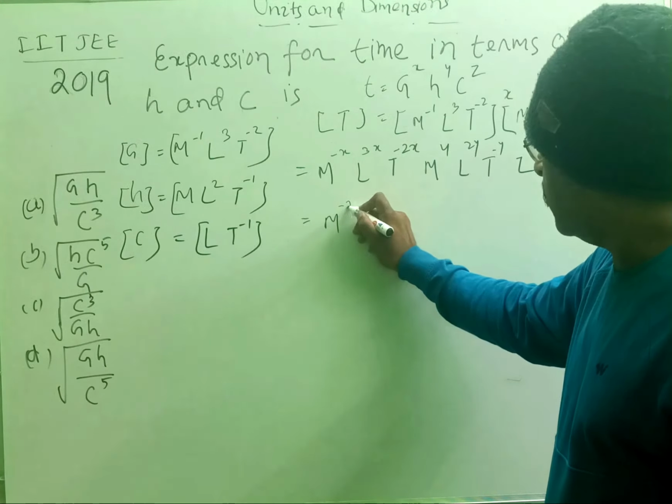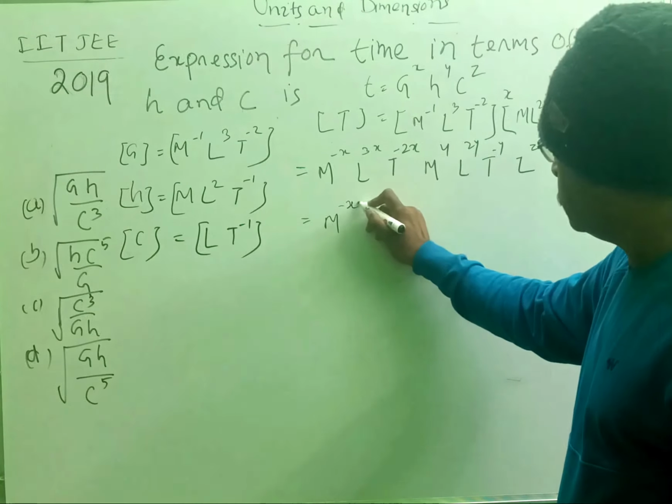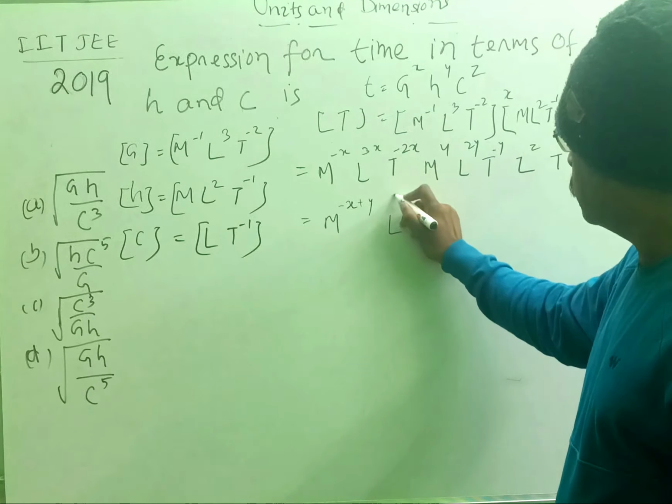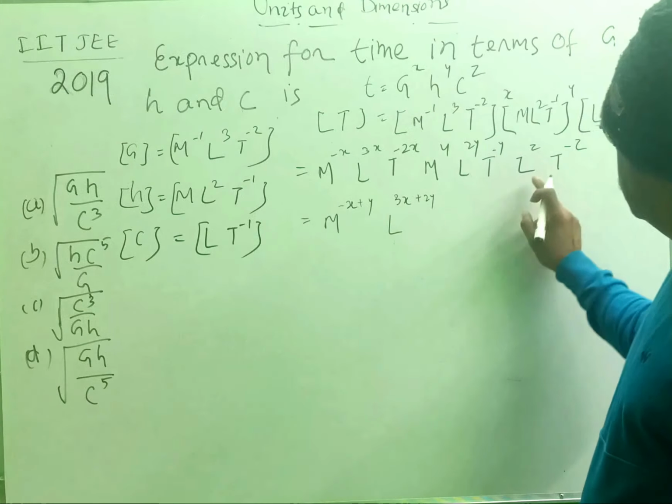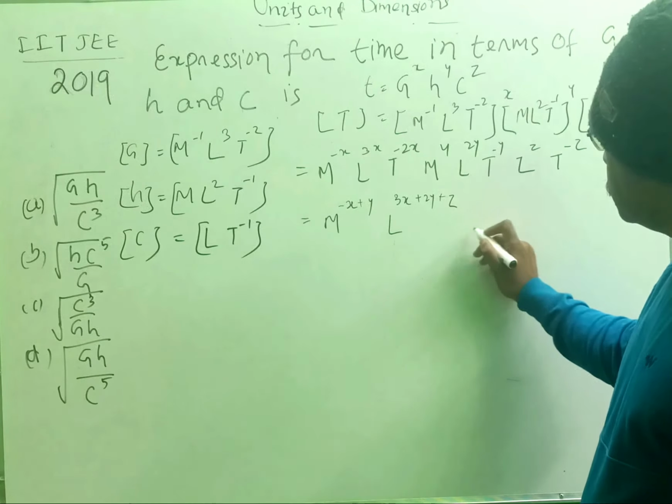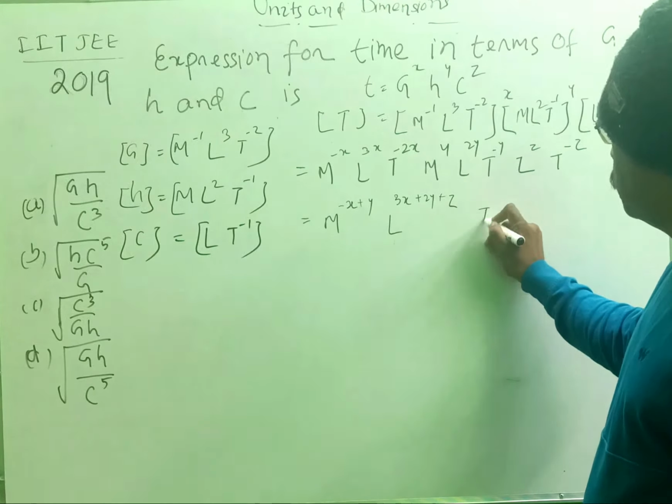Then M to the power minus x plus y, L to the power 3x plus 2y plus z, T to the power minus 2x minus y minus z.